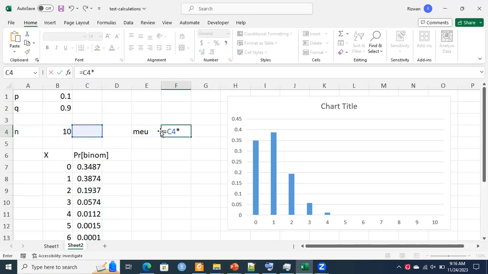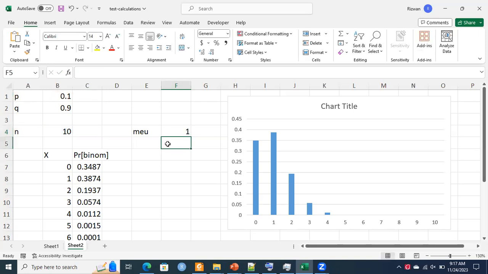So n is B4, times the p value. The mu value is 1. So the peak is around the mean value, and the mu value is 1, whereas the variable goes up to 10. It means the majority of the events which are possible from a practical point of view are the small numbers.